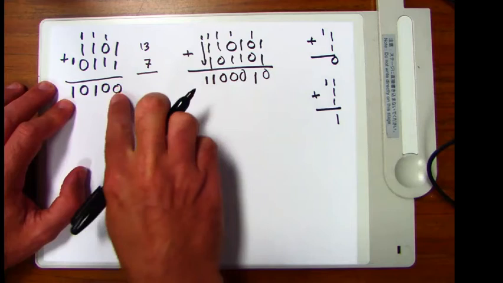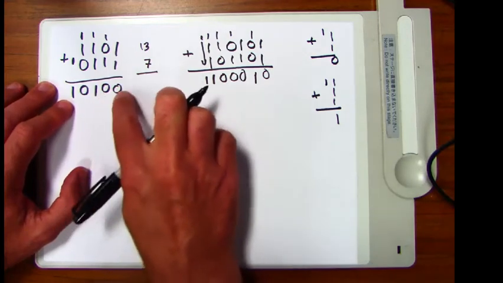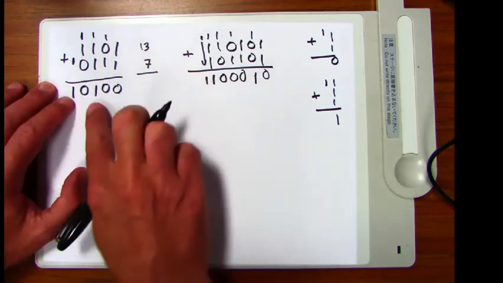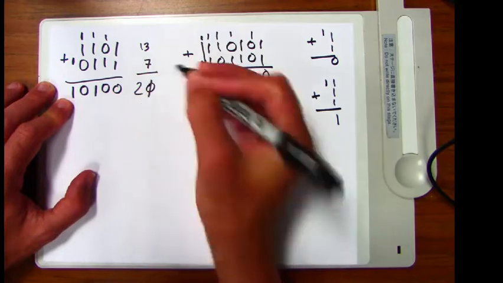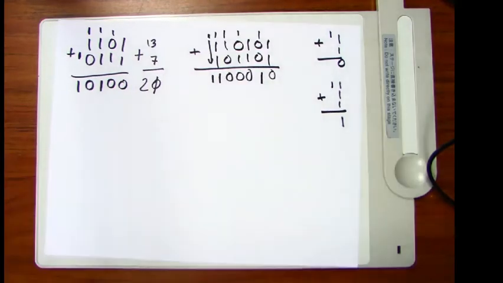So this is a 0, 1, 2, 4, 8, 16. So this is a 16 and a 4. Add those together and you get 20, right? So just convert it back to decimal, and it's a way of double checking our work.